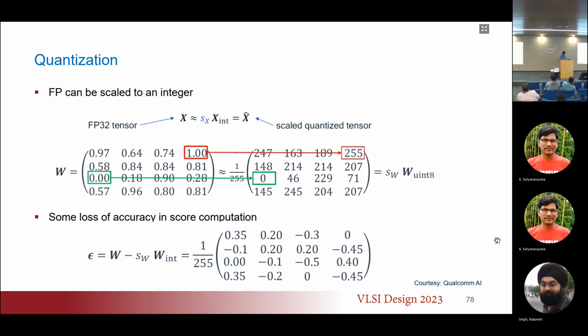There is some loss of accuracy, because if I revert back, if I take the original matrix W and do W minus SW times W int, it's going to get this value.